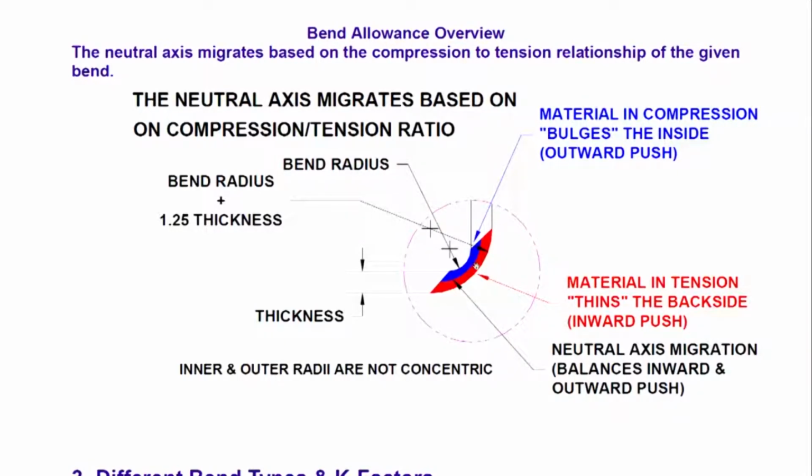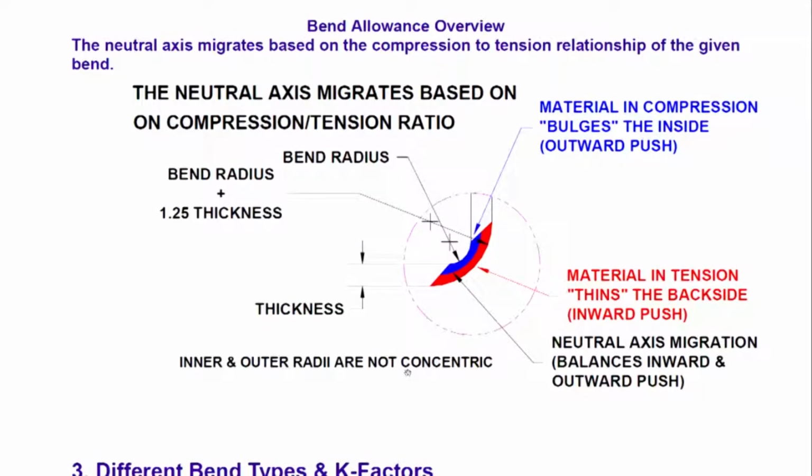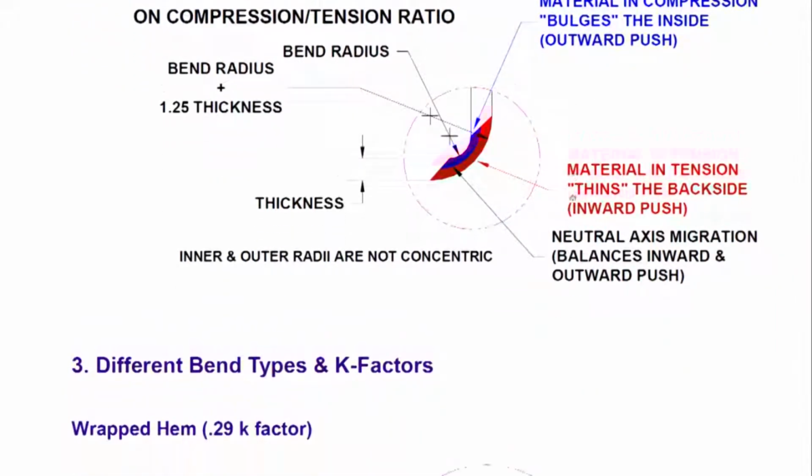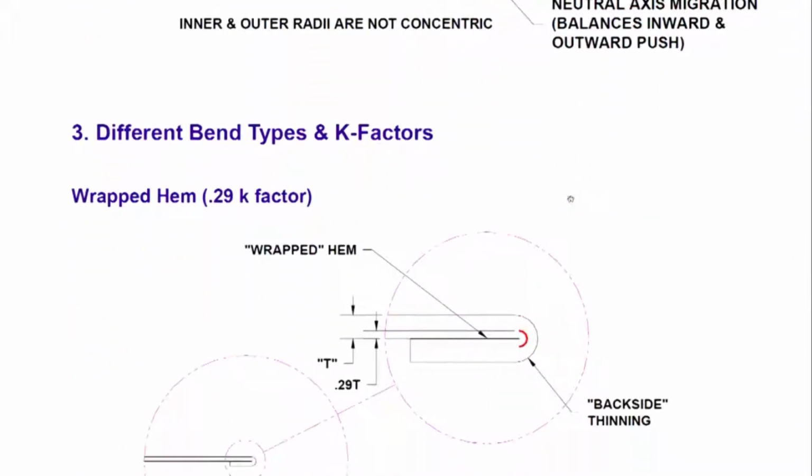If you take deep drawn parts like a can, sometimes you would have noticed as if the pieces are torn and the thickness is not the same. Inner and outer radii are not necessarily concentric. Material in compression bulges inside, with an outward push.